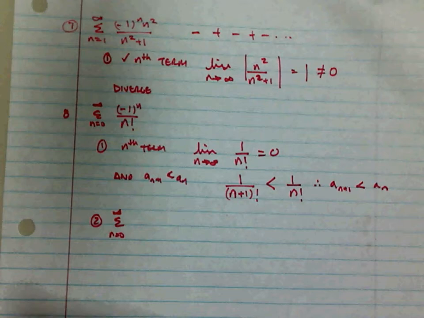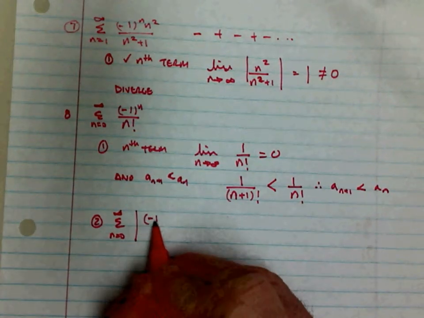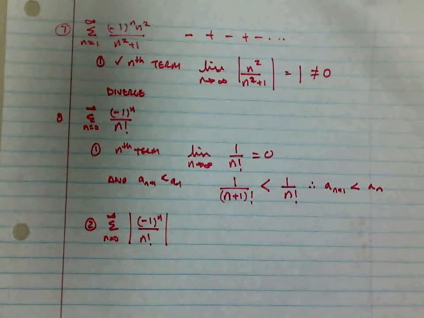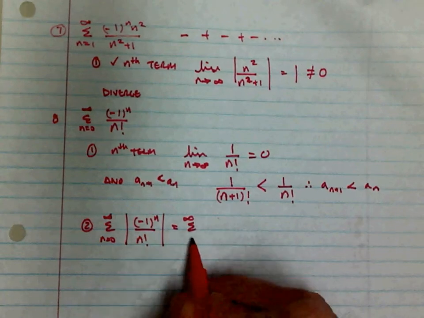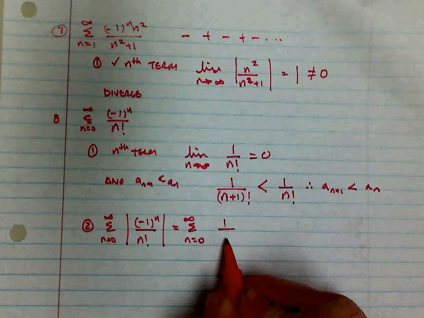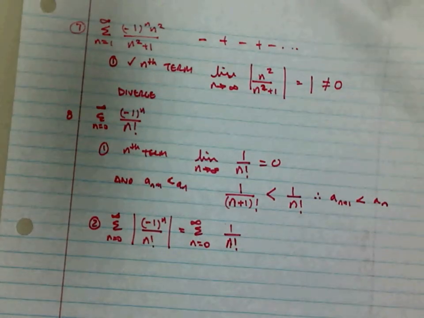So when we look at this, we're only going to look at this positive series and see how this converges or diverges. So if we're considering the positive series, we're just going to look at 1 divided by n factorial. And let's check and see if this converges or diverges.